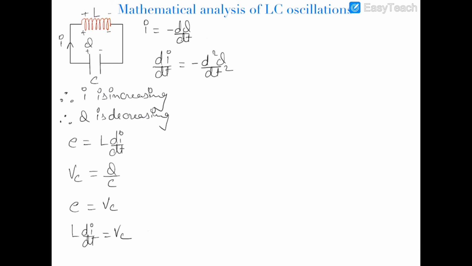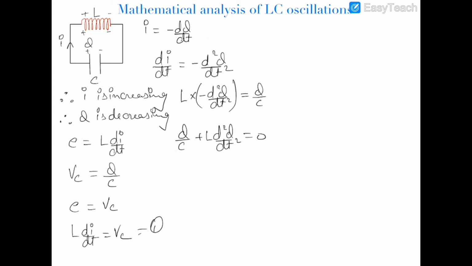Now putting this value in equation 1, we can see that L into minus d square q by dt square is equal to q by C. So q by C plus L into d square q by dt square is equal to 0.